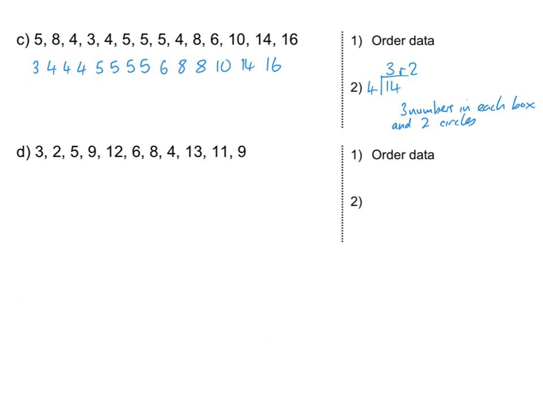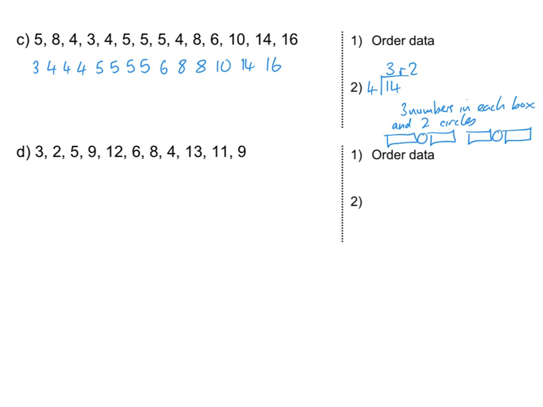And if you remember the pattern from the previous page, we're always going to have these 4 boxes, because that's the whole idea of quartiles, to split the data into 4 equal parts. Those 2 remainders, those 2 circles, are going to have to go in as a symmetrical pattern down the centre, so I'm going to put 1 at one side and 1 at the other. So all I've got to do now is recreate that pattern around my numbers over here. So 3 numbers in each box and 2 circles following this general pattern.